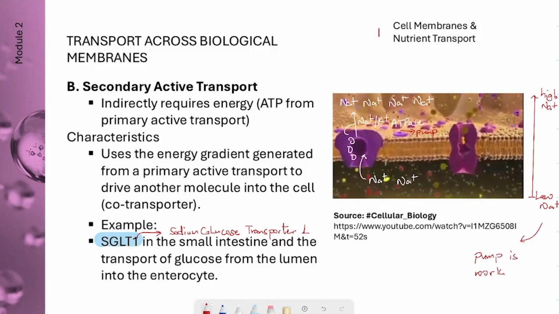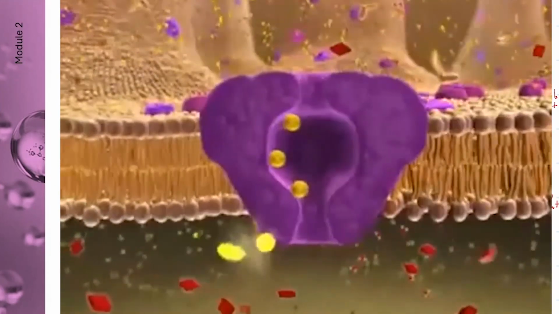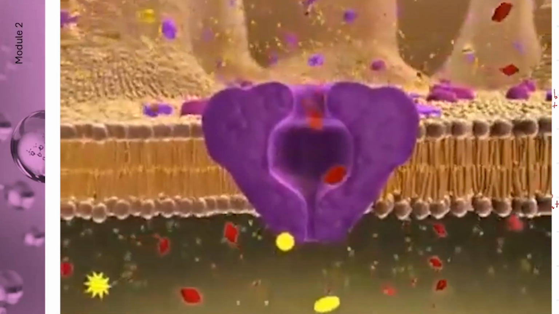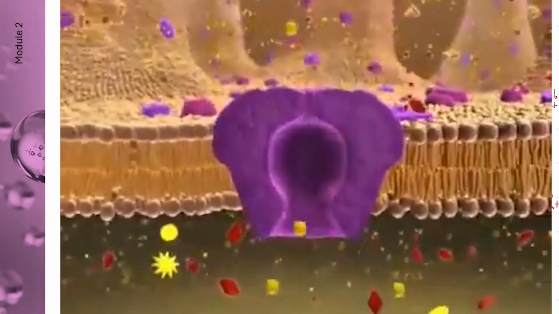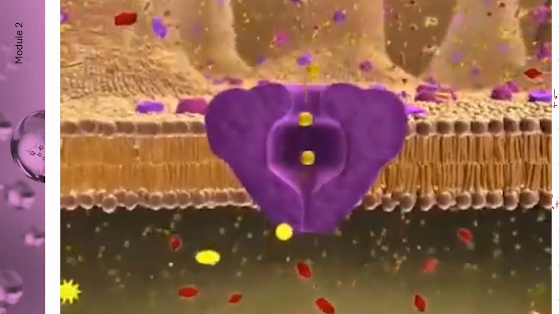The sodium potassium ATPase is working, right? So why do you need this? The electrochemical gradient, don't forget. And then we enter directly into the SGLT1.